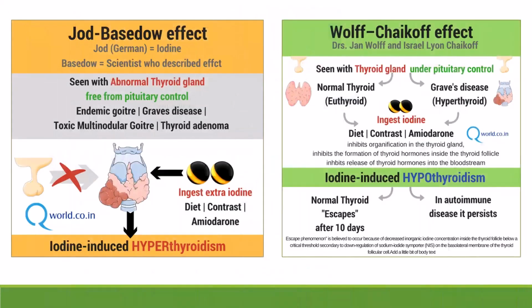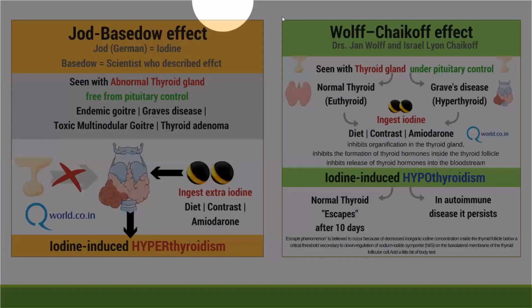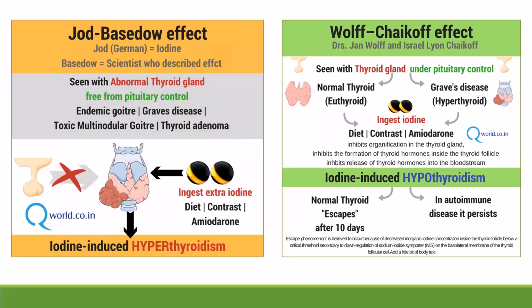And this is very important: the Wolff-Chaikoff effect leading to hypothyroidism. Don't forget that it usually occurs in the normal thyroid, and it can occur in Graves' disease, causing decreased thyroid hormone synthesis. So in most of our patients, during preoperative preparation for Graves' disease, we give a high dose of iodine to work through the Wolff-Chaikoff effect, leading to decreased thyroid hormone synthesis.